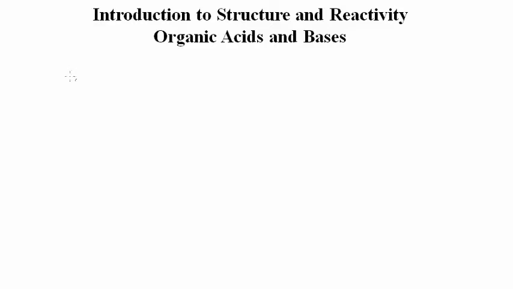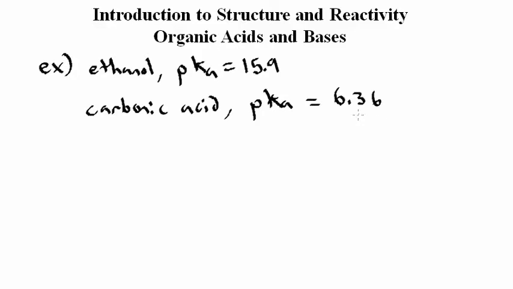Now let's do a couple of example problems. Given these two chemical species, ethanol and carbonic acid, which have pKa values of 15.9 and 6.36 respectively, we need to calculate the corresponding values of the Ka, and we also need to determine which is the stronger acid.